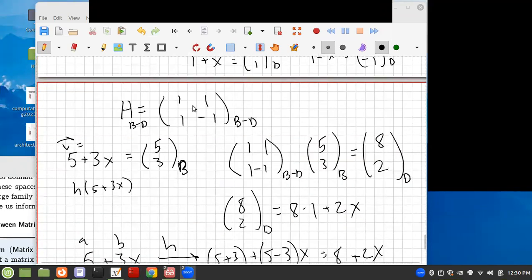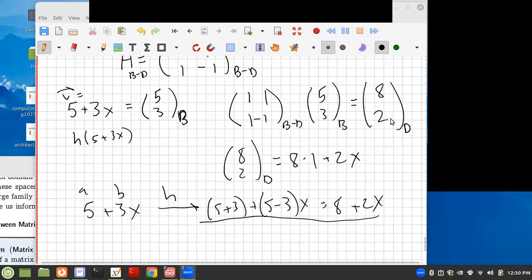That gives us our matrix. Then we see its action on 5, 3 gives us 8, 2. This column vector is the representation of a polynomial vector, and we can go back and forth between the vector and its representation.